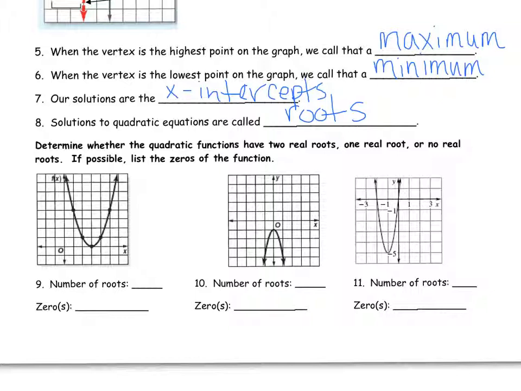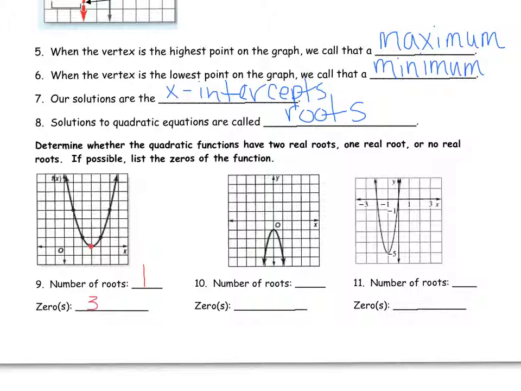So when we look at this first graph, number 9, we see that the vertex is on the x-axis, so it has 1 root. The zero is the place where this crosses the x-axis, where y equals 0, and y equals 0 when x is 3.